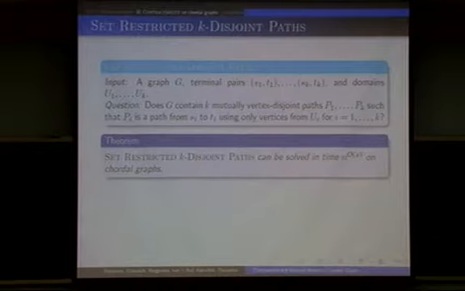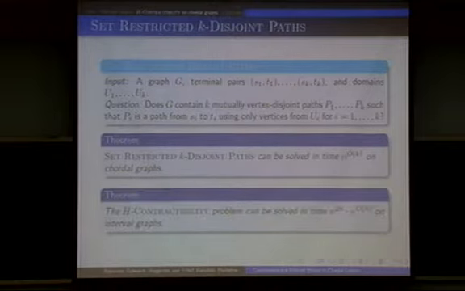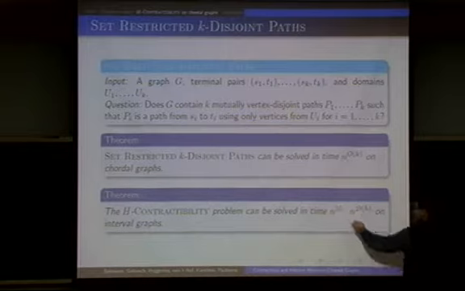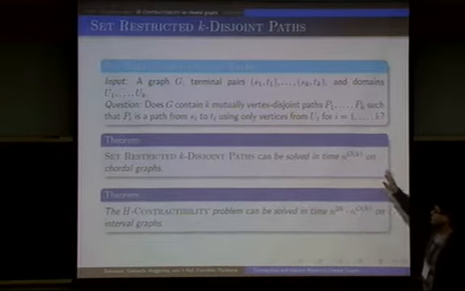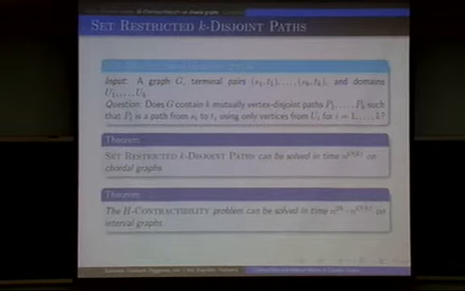And from what I just said, you should already see the next one coming, which is that we can solve H contractibility in polynomial time on interval graphs, because we try every choice of yellow vertices, and then we solve the instance of set restricted K disjoint path we get out of this choice. And the graph G is H contractible if and only if there is one of these instances which is a yes instance.